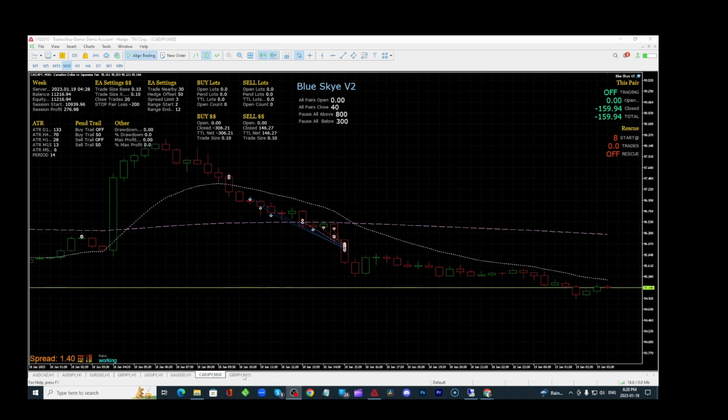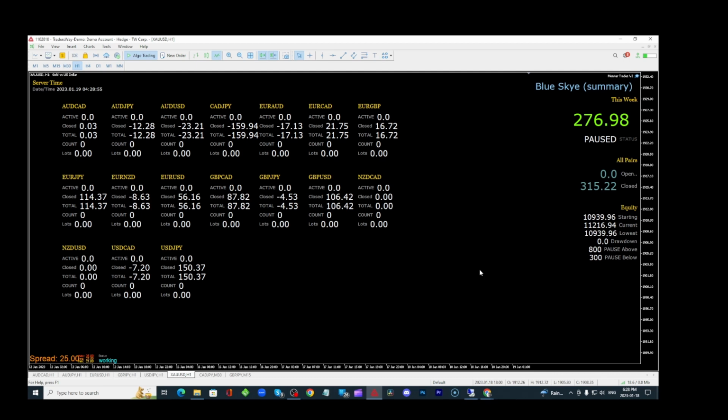Now, looking at our summary here, one thing I'm going to do going forward: right now all of this data is for the whole session from the beginning of the week, and it's a little confusing because it doesn't really tell me what the pair did in the last session. For example, pound yen shows a minus 453, but at some point earlier in the week this was well over $100 in profit, and then it lost enough money in the next session to wipe out that profit and show a loss.